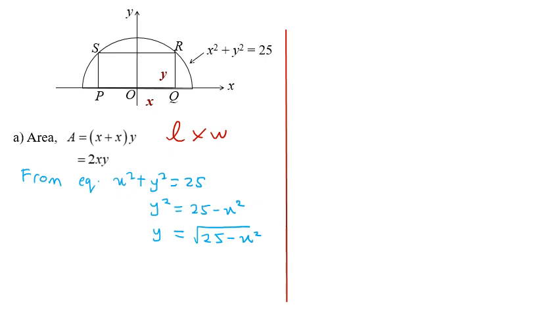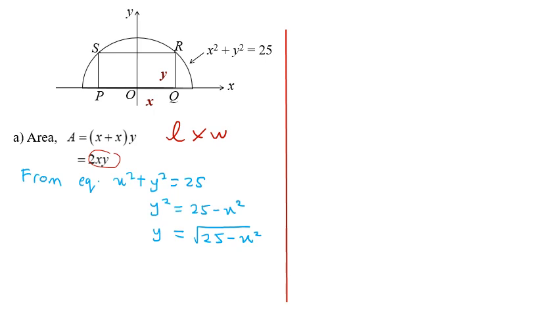And then remember, as I already mentioned in the previous slide, you have to figure out another equation to make our equation in a single term only. As you notice over here, our equation is in terms of x and y. So we cannot differentiate at this point because we have two variables, x and y.